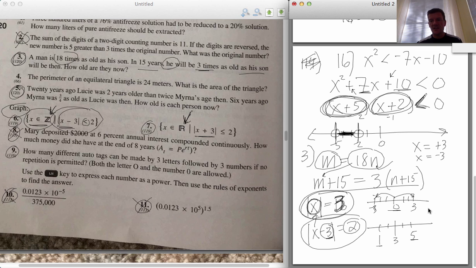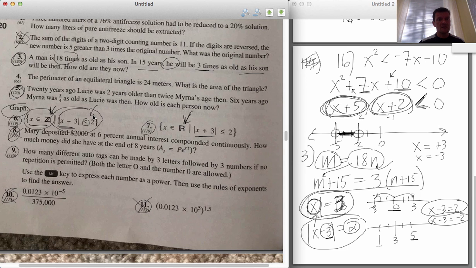So if I take x minus 3 is equal to 2, or x minus 3 could equal negative 2, and I solve these two, this one's going to give me 5. That one's going to give me my 1. So we're going to continue that and do that even with the inequality. Okay? Let me get a fresh blank sheet here.